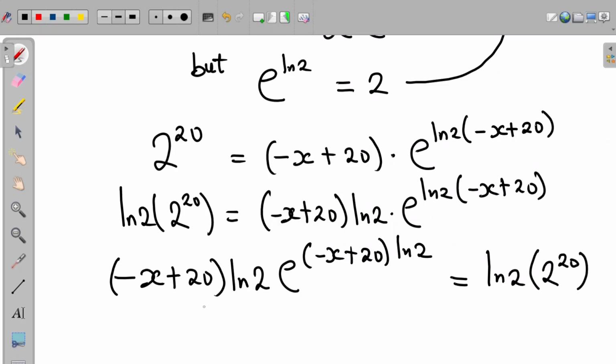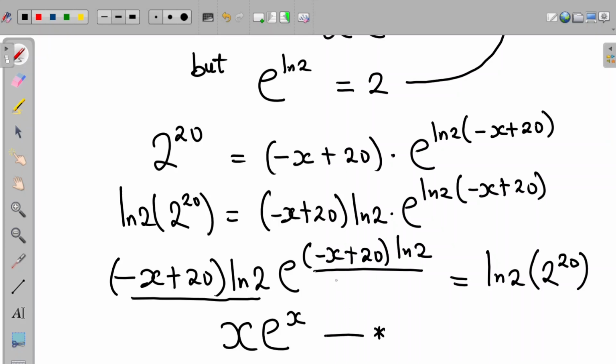Now, at this point, the coefficient of e is equal to the index of e. Now, the left-hand side of our equation now has the form x multiplied by e to the power of x. At this point, we can now apply the Lambert W function.